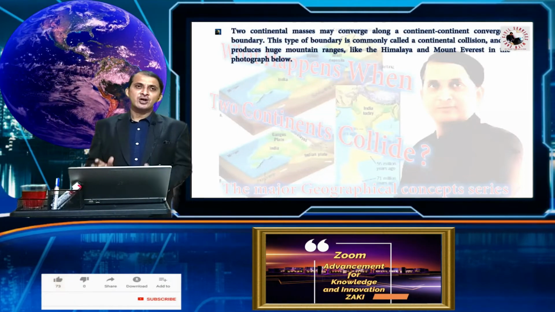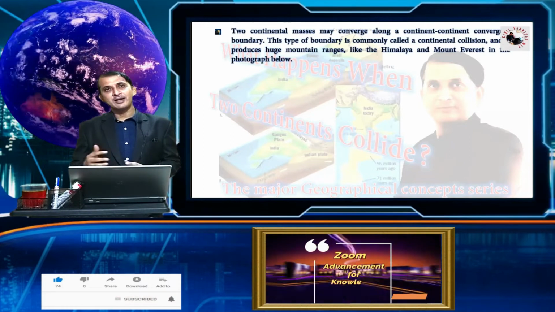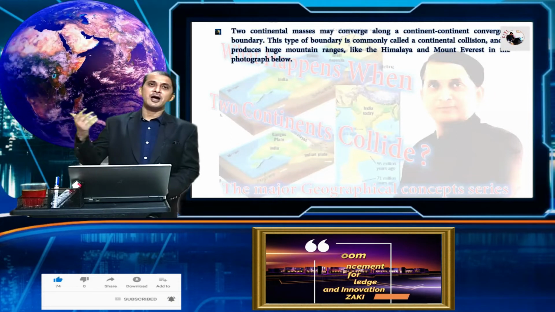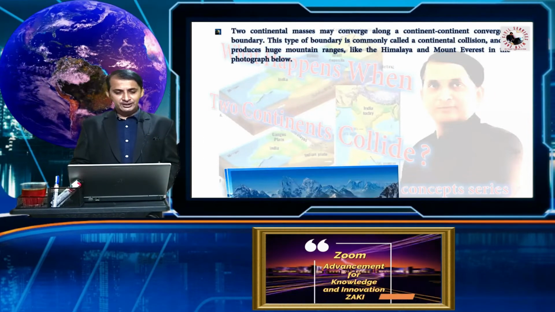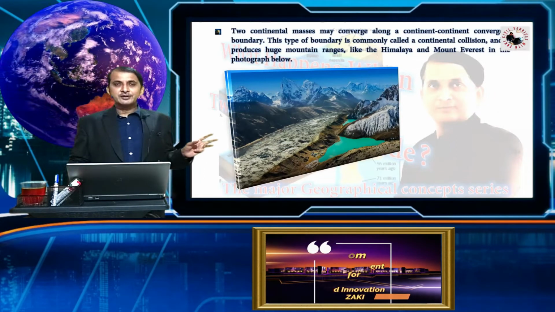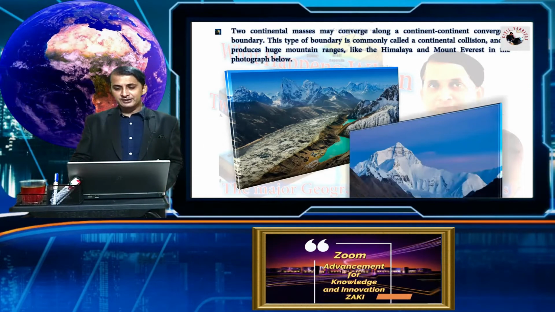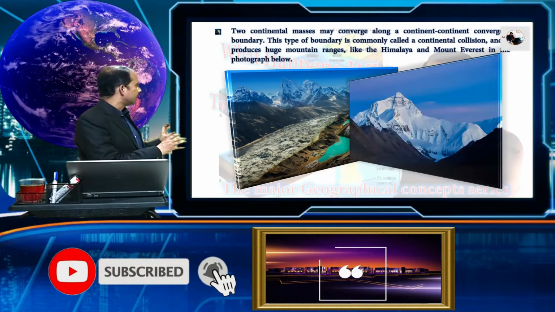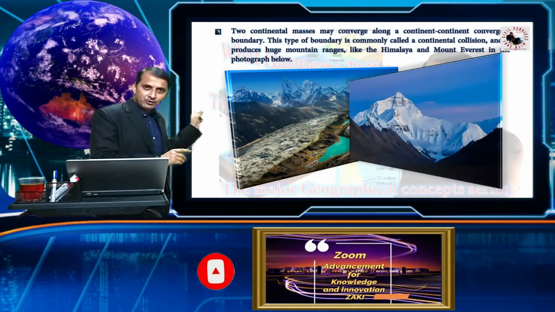It produces huge mountain ranges like the Himalayas and high mountain peaks like Mount Everest, as we see in the picture below. This is our Himalayan range, and this is the world's tallest mountain, Mount Everest. These are the result of the continental collision.